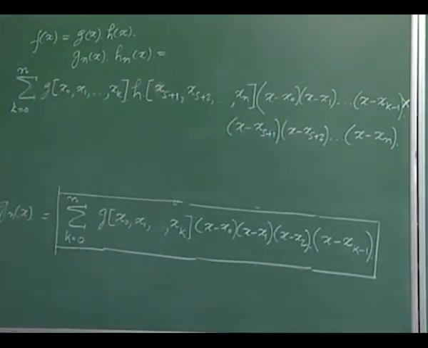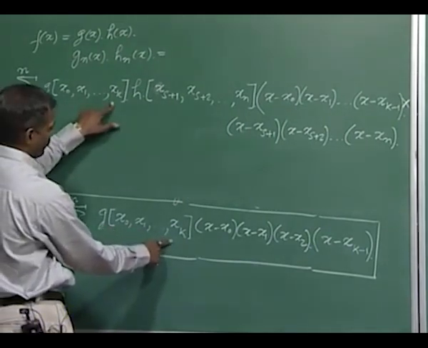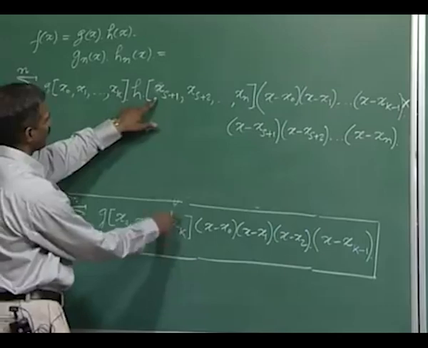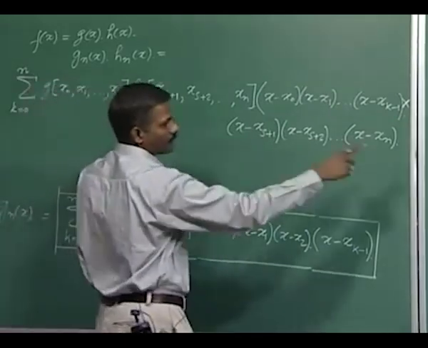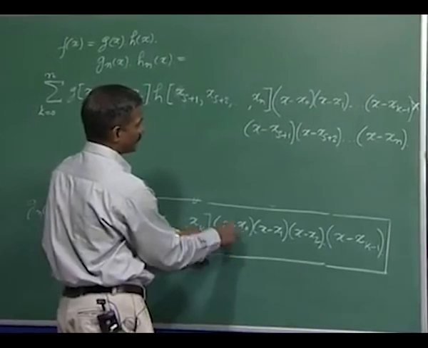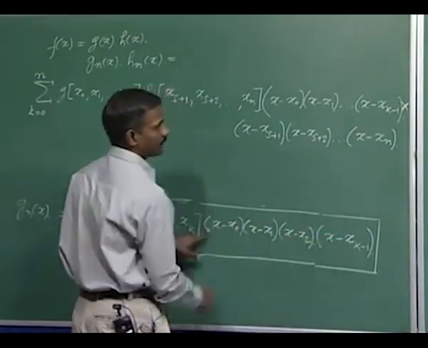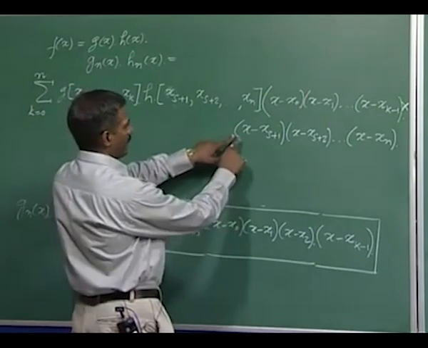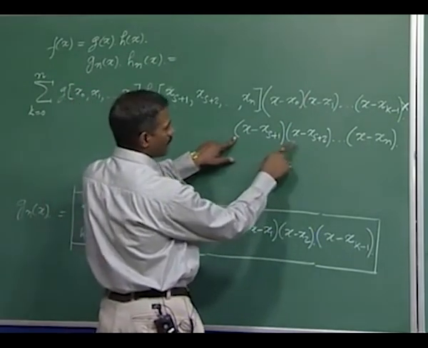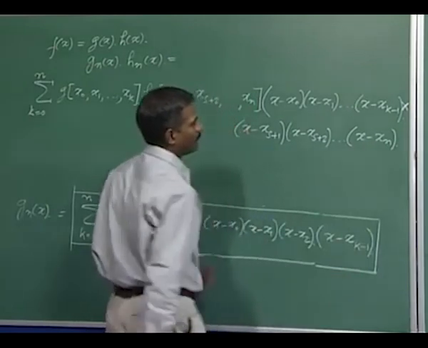Let me double check if I got this right. G of x0 to xk, h of x s plus 1 to xn, that's okay. X minus x0, x minus x1 up till x minus xk minus 1, we are okay. X minus x s plus 1, x minus x s plus 2 up till x minus xn, we are okay.